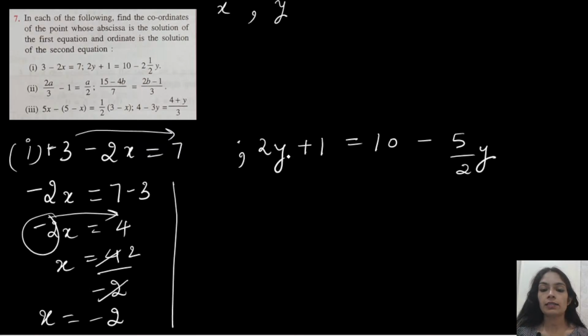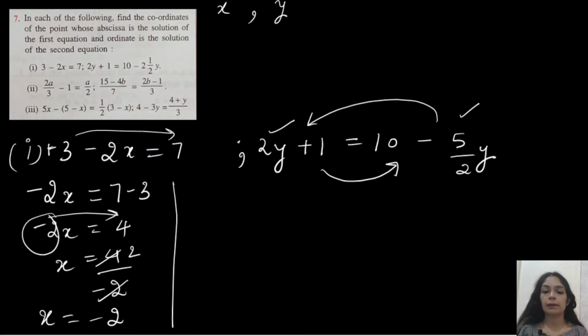Now let's solve this. In this equation, like terms we will write together. So 2y and 5 by 2y are like terms, so let me shift this to this side, and in the same way 10 and 1 are like terms. So 1 we will shift to the other side. Whenever we are solving an equation, we have to write like terms together. So 2y will become positive if I shift it to the other side.